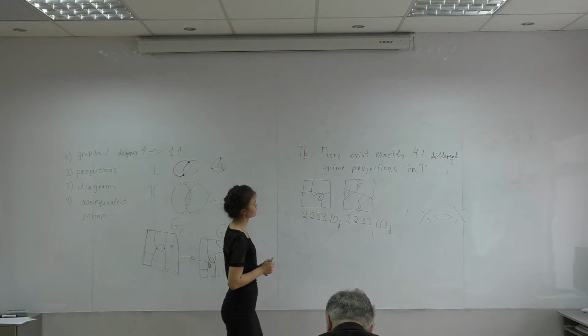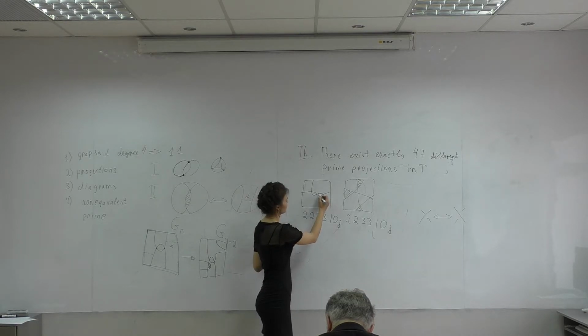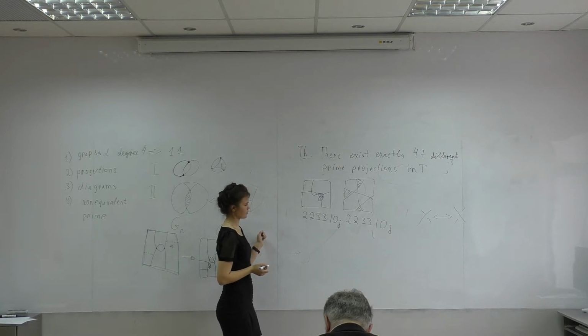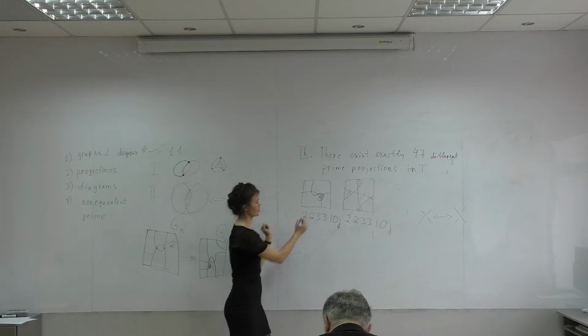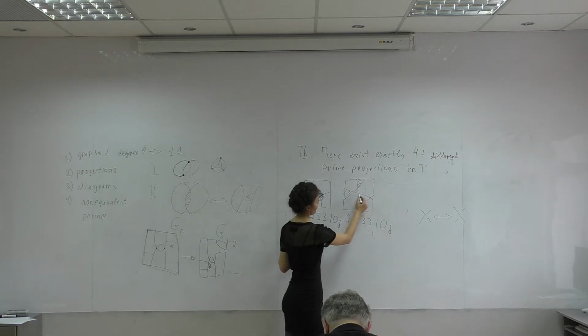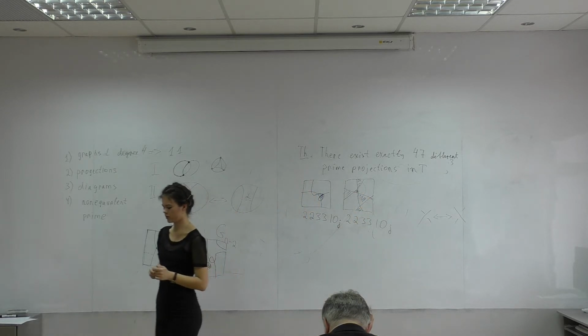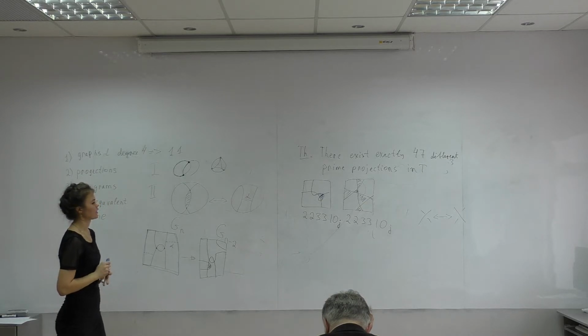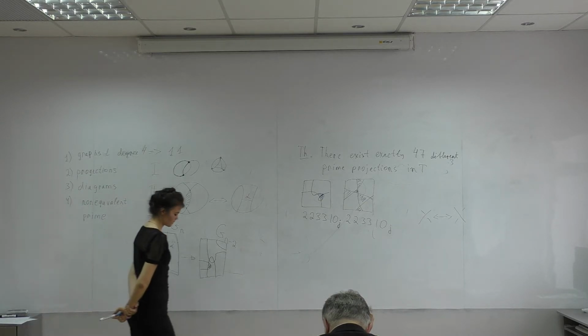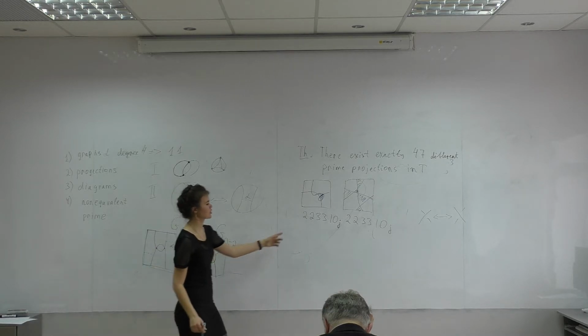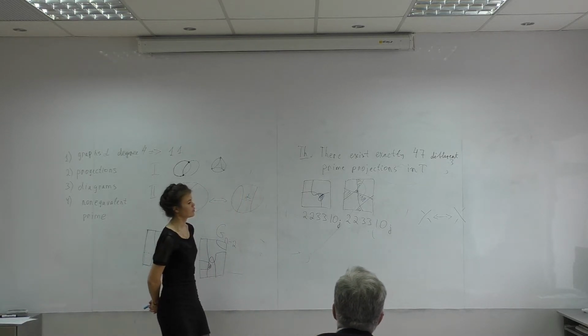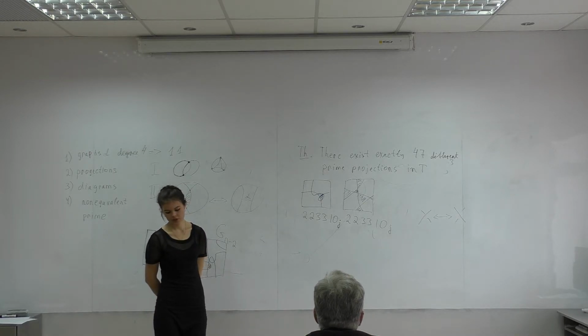Because in the first case, two triangle faces contain a common edge, and here they contain only a common point. As a rule, such strings are enough to prove that projections are different.